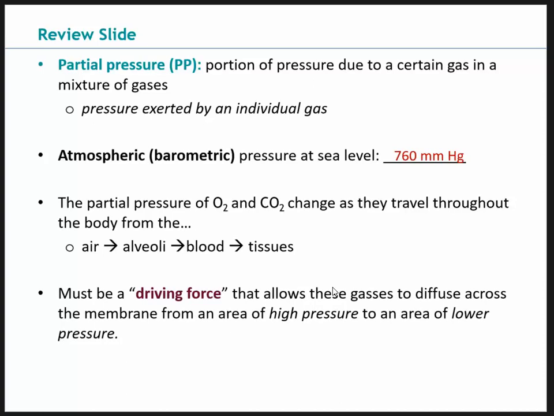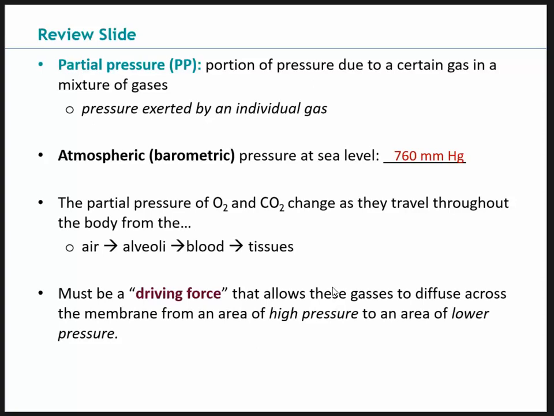In each one of those locations, there has to be a driving force. What is the driving force? It just allows the gases to diffuse across the membrane. Remember, all gases move from high areas of pressure to lower areas of pressure, and they're all going to move according to the individual pressure that they exert.